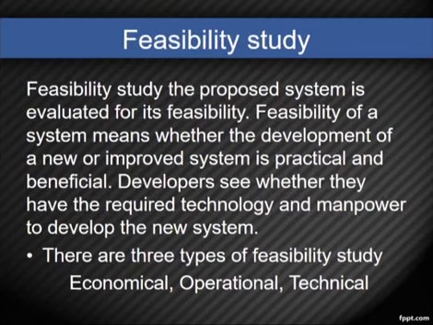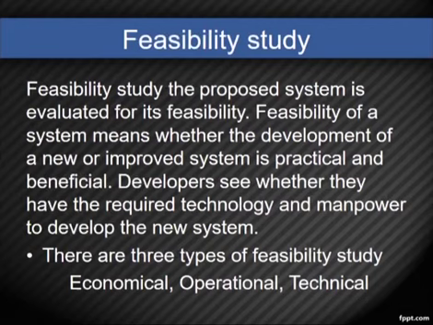There are three types of feasibility. Economical, which means the user can invest money for this system. Operational feasibility, which means the user has employees to operate this system, or they have to hire new employees.